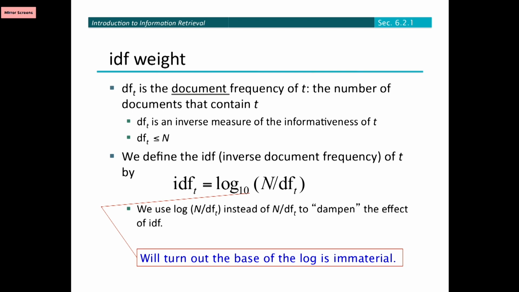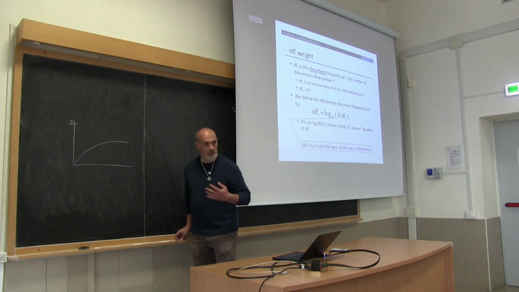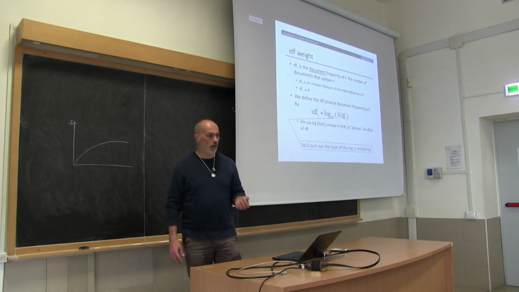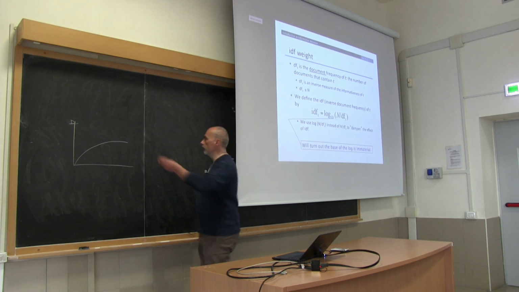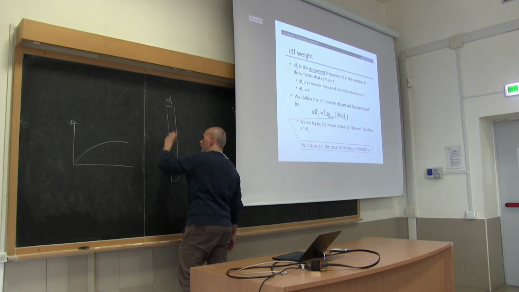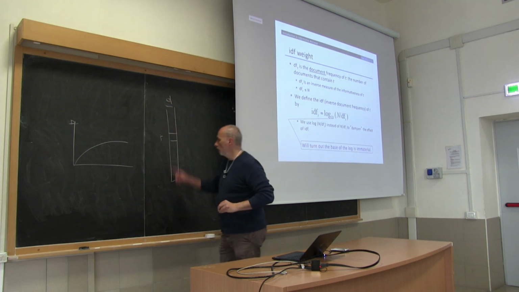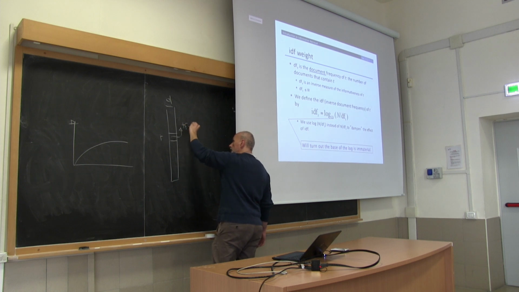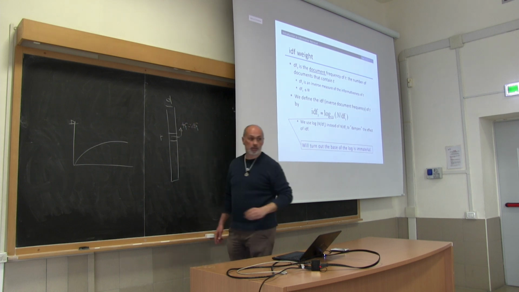Once you have these two contributions to the weight of a term in a document, you can combine them in many ways. For example, if you want to decide what to put if I have a document represented as a vector, so this is the document, and this is a term. What should appear here? You put either this or something else.